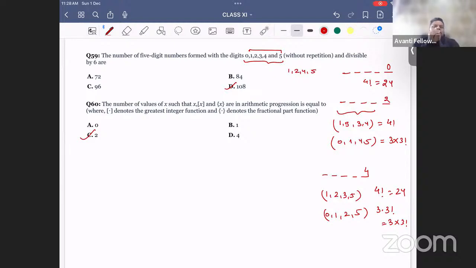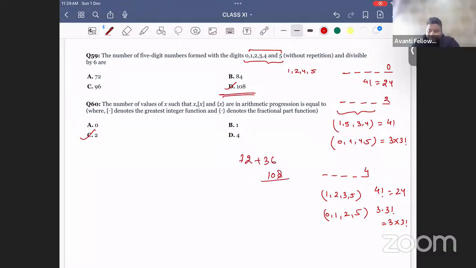If 0 is at the unit place, then there is only one way, 24. Now, 48, 24, 24, 24, 72 and 36. That's it. 72 plus 36, there is no other way. So it is 108. This is your answer.